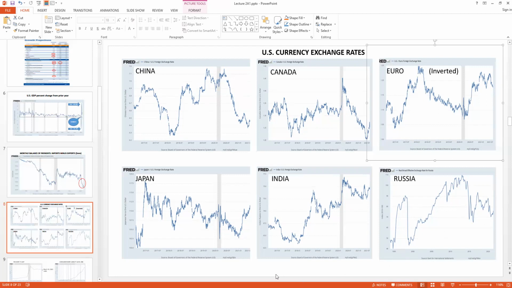So what does this mean to you and me? What this means is that if we care to buy, or if a company in the United States cares to buy goods and services in these other countries, today it will have to spend more US dollars to buy the very same amount of goods or services that were purchased a year ago, sometimes by a very large margin, sometimes not.